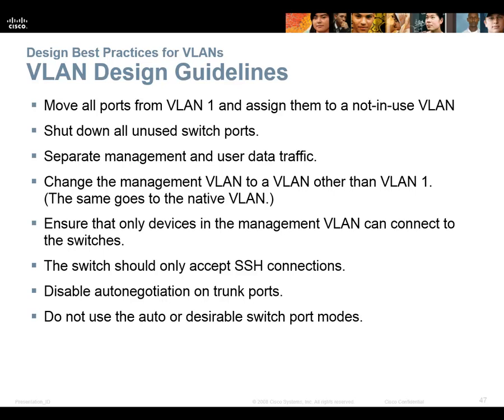Ensure that only devices in the management VLAN can connect to the switches. Here's a big one. Turn off Telnet, turn on SSH. Only allow the switches to accept SSH connection. They suggest that you disable auto negotiation on the trunk ports, and do not use auto or desirable switch port modes.